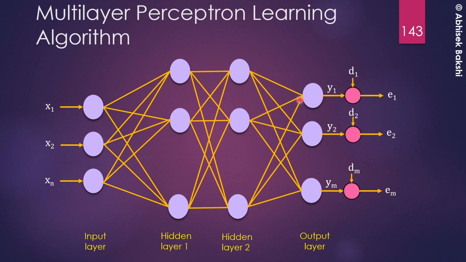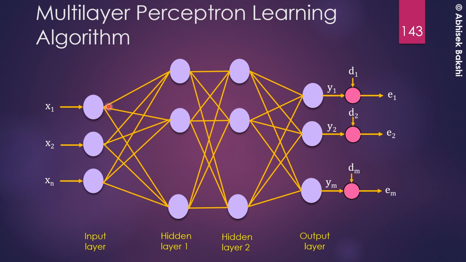We can do that. The problem that we will face is when we try to evaluate the derivative of this error with respect to this W, because whatever outcome you are getting from this output layer, Y1, has actually flown from the input layer neurons.